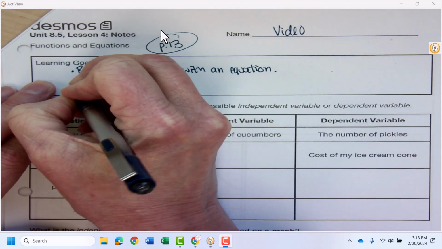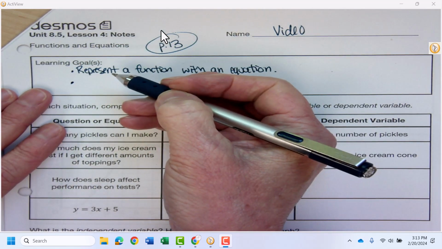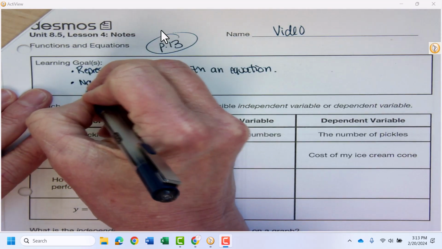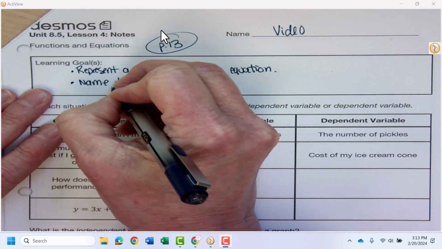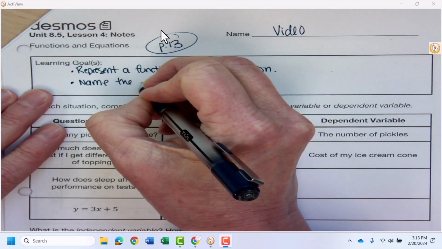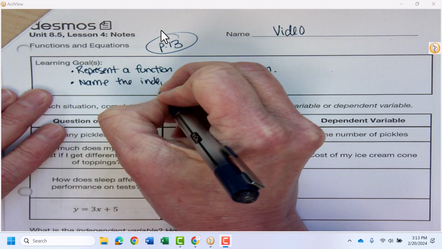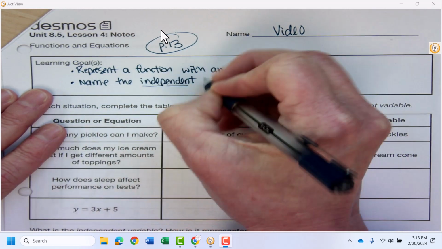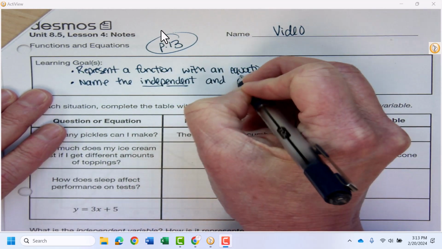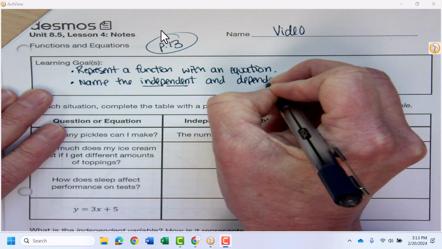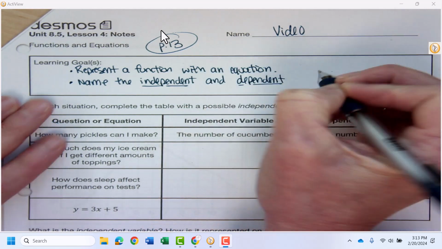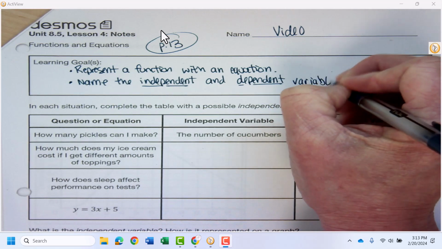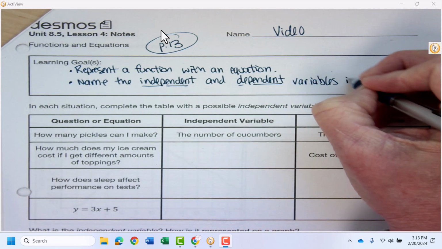And we get two new words that we're going to deal with. We want to be able to name the independent and dependent variables in a scenario. Name the independent and dependent variables in a function.